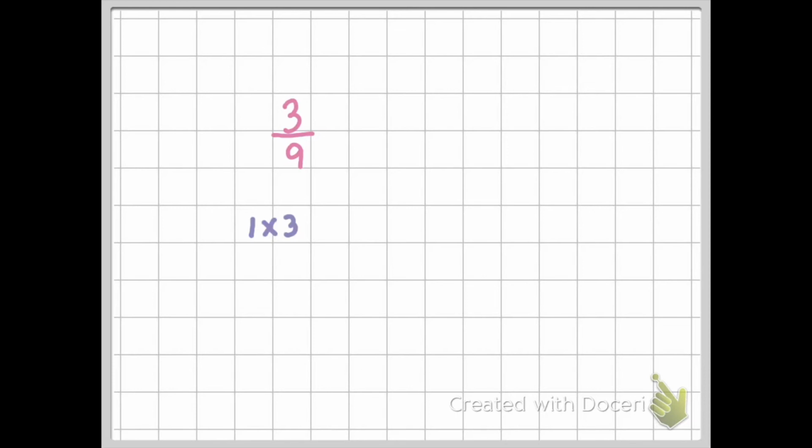And when I think about 9, you've got 1 times 9 is 9. 3 times 3 is 9. So they both have a 3 in common. So I'm going to divide both my numerator and my denominator by 3 to get an answer of 1/3.